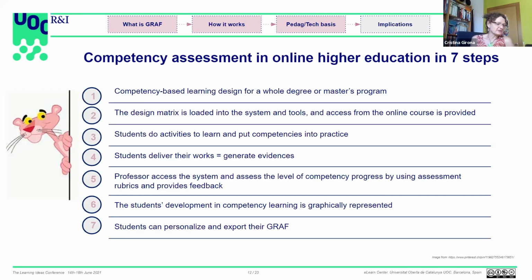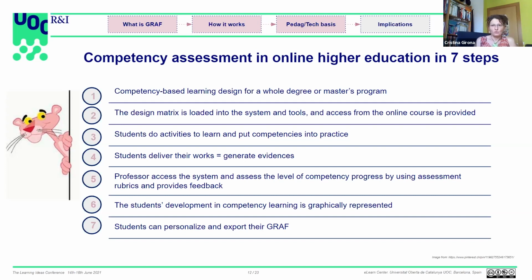So, according to this rationale, the entire working sequence followed by faculty or professors, learning designers, and technologists consists mainly in these 7 steps. Number 1, faculty build a competency map, matching courses, competencies, and dimensions of these competencies.